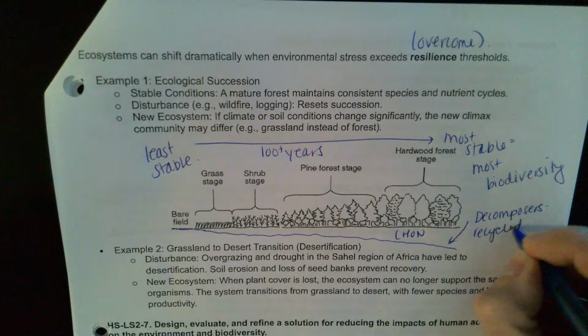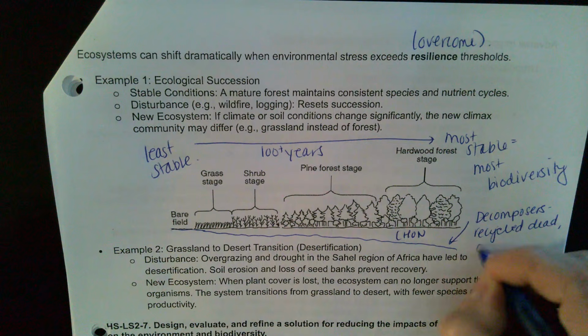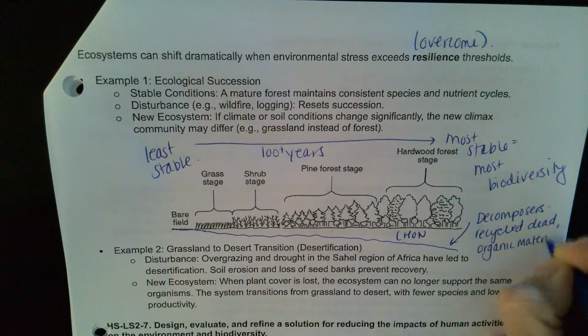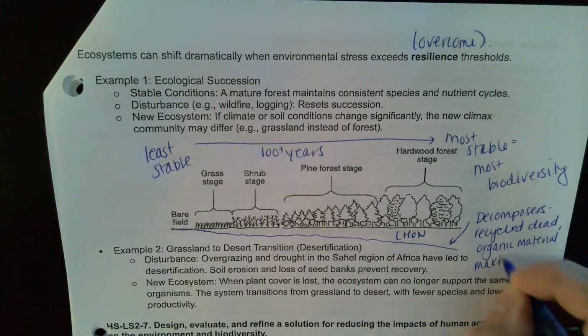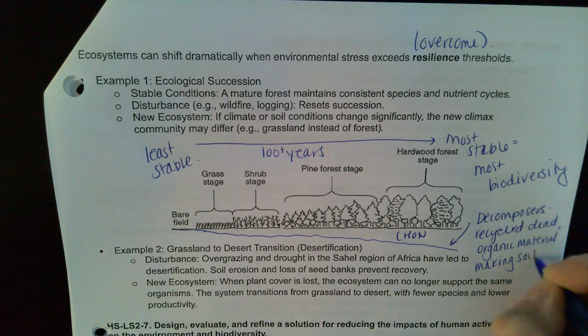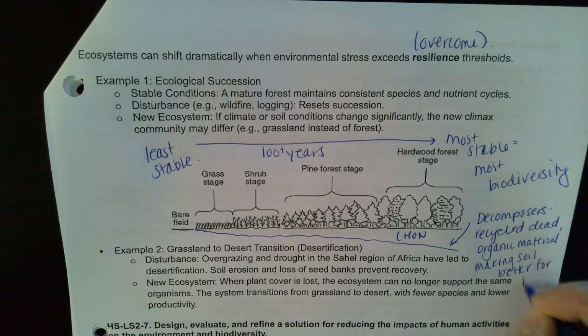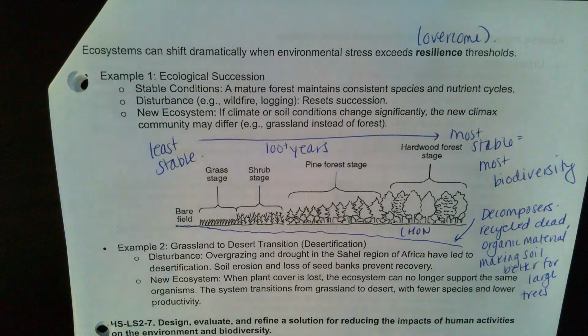So recycled, dead, sorry it's a little messy, organic material. Making soil better for large vegetation. I'm just going to write down trees, but vegetation and trees are the same.